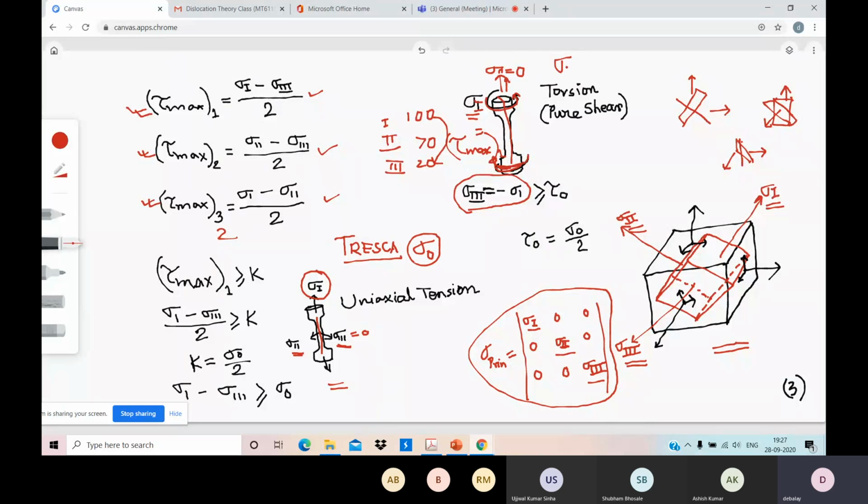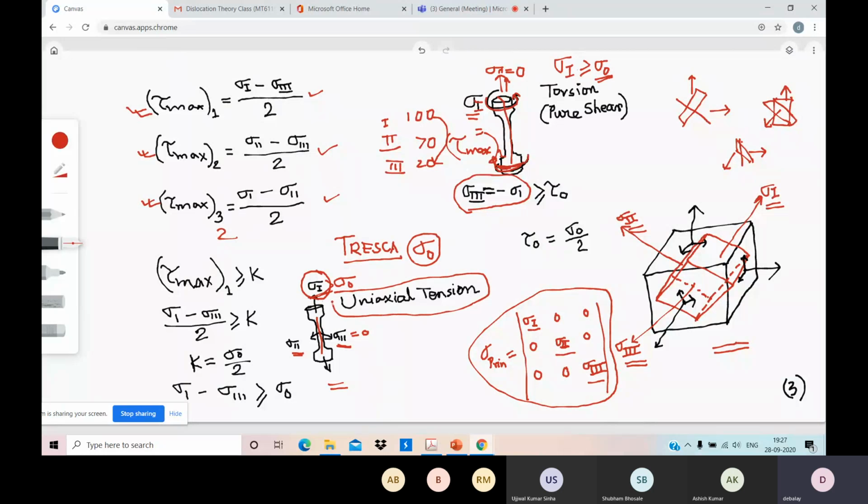When sigma 1 exceeds sigma naught, that is the condition for yielding to occur. And what is sigma naught? Sigma naught is called yield strength in uniaxial tension.